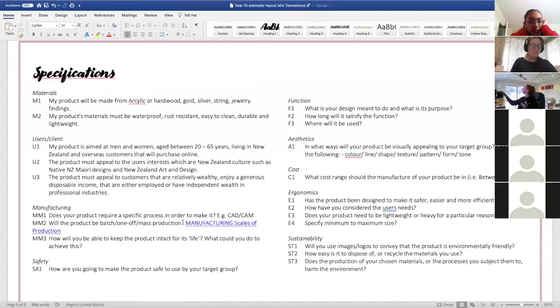Okay, hopefully you've all got something about manufacturing there. Will the product be batch, one-off, or mass production? Considering this is not Kmart or Amazon that we're selling it at, it's probably not going to be mass production, which means mass market, lots and lots of it.